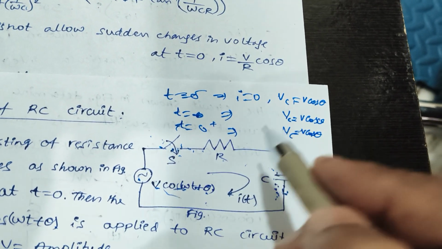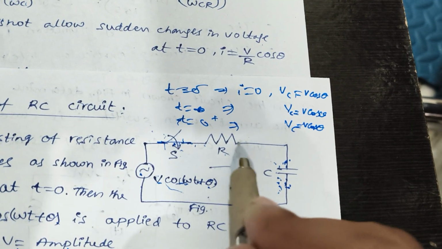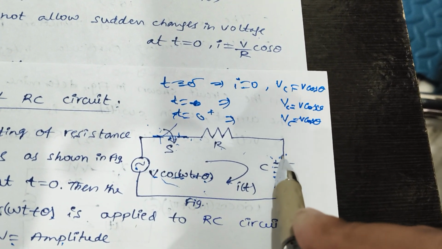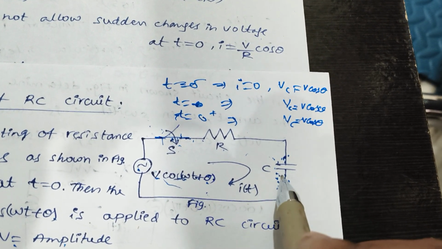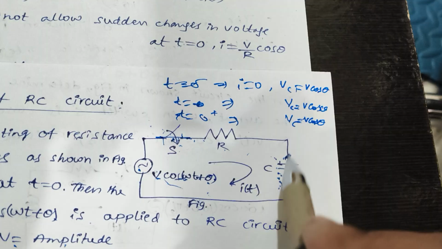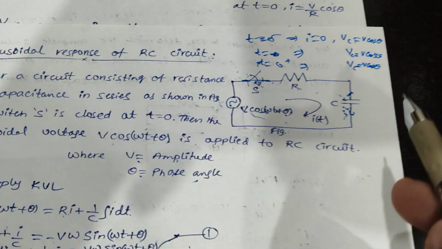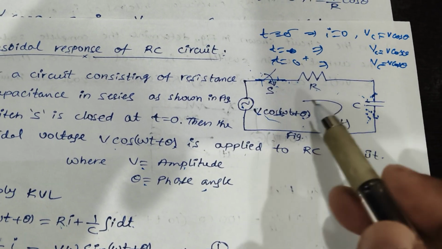What about current? At t is equal to 0, the switch is closed. When the switch is closed and you have the capacitor in transient, the capacitor will get short circuited. When the capacitor becomes short circuit, what is the current?